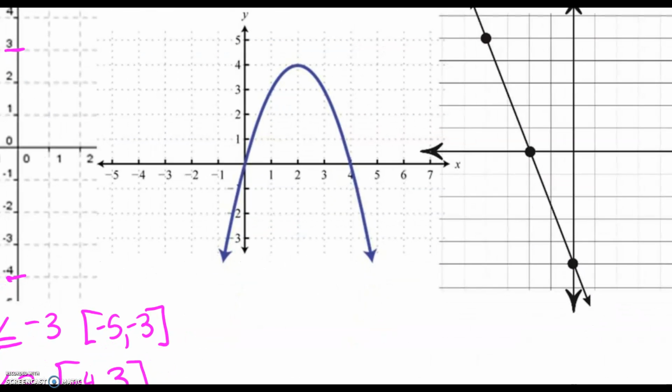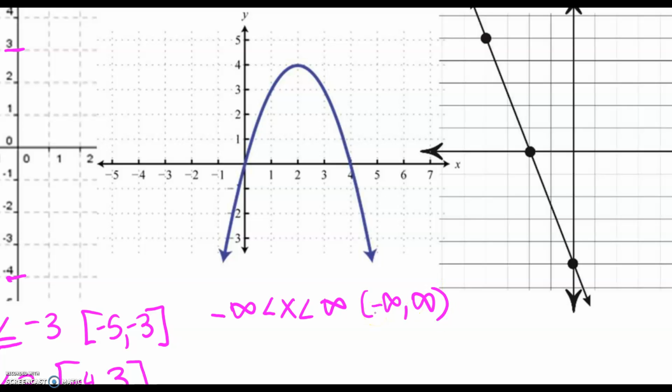Looking at this function, when I look at the domain, these arrows are pointing, so I think it's going to keep getting wider and wider. Which means this domain goes from negative infinity to positive infinity, which with brackets is soft bracket, soft bracket.